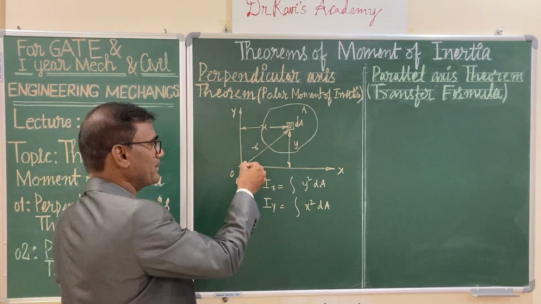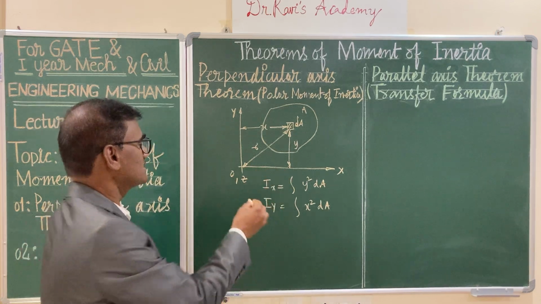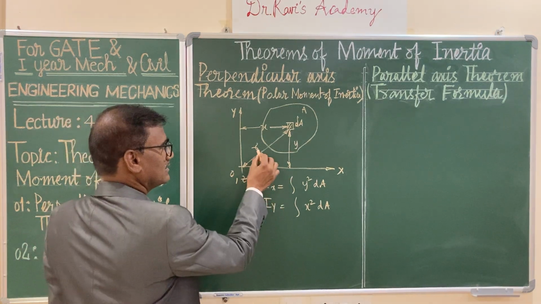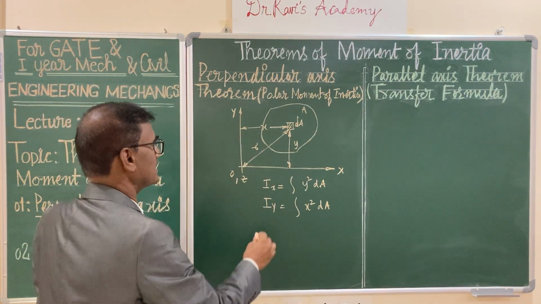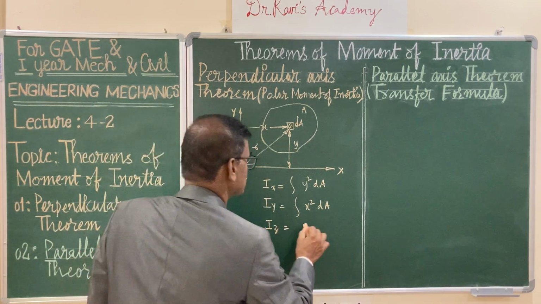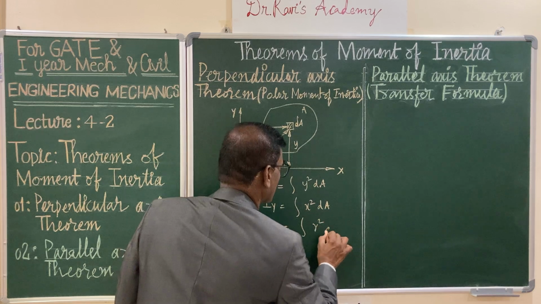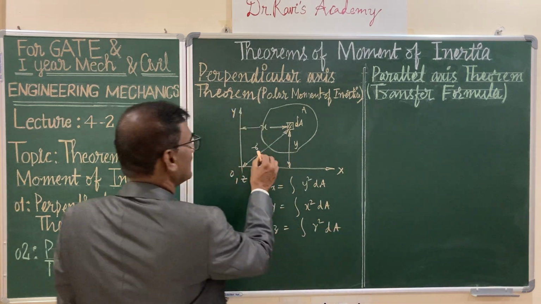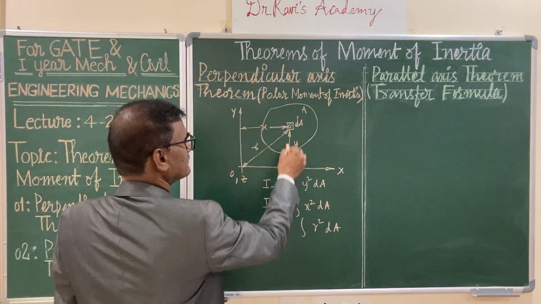Now let us write down the moment of inertia of this particular area which is in the xy plane about an axis perpendicular to the plane, that is about the z axis. Then the distance becomes r. You can write down Iz is equals to integral r square dA. But you know that r square is the hypotenuse of this right angle triangle.